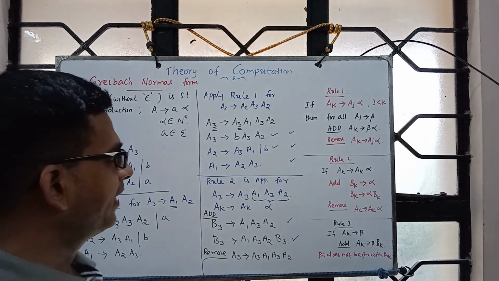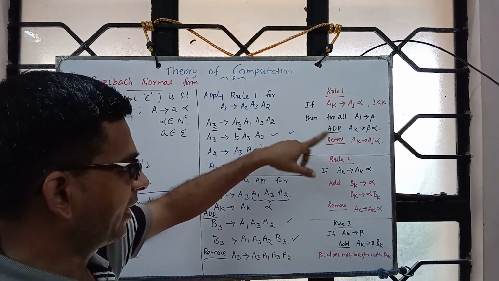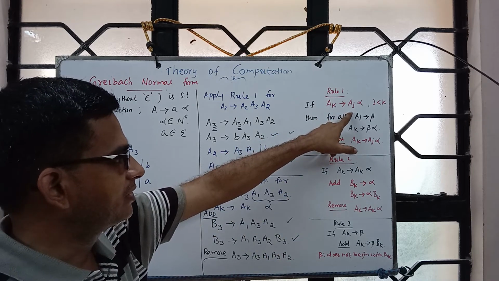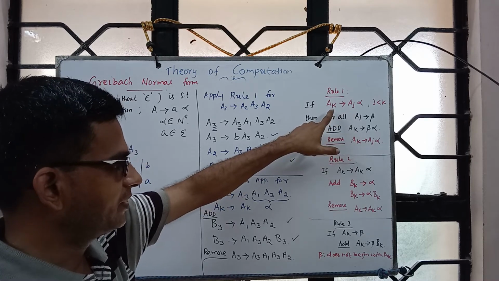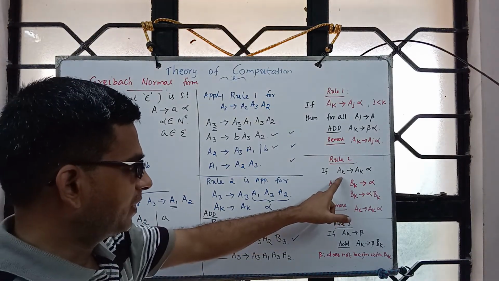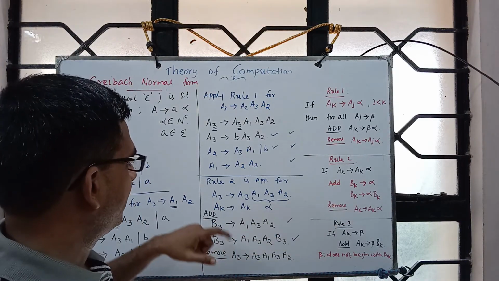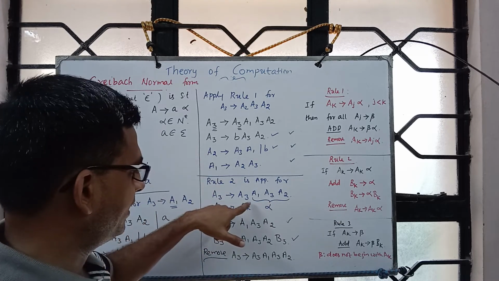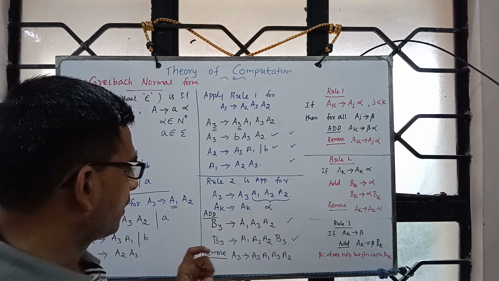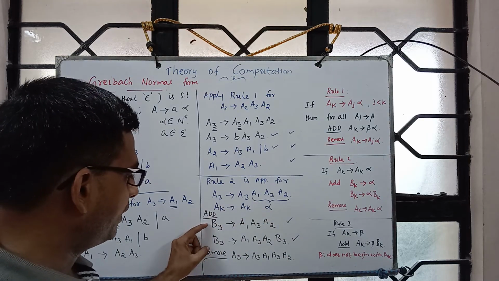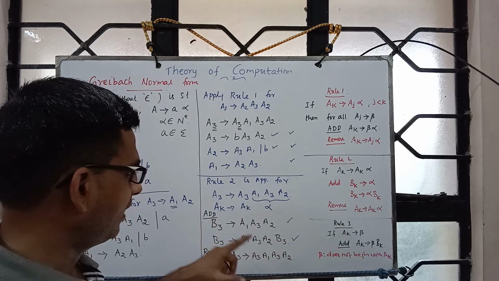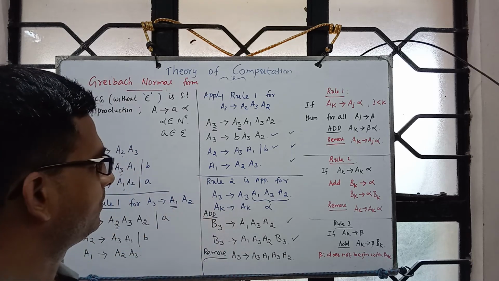So first we applied rule 1 as many times as we can until we see AK implies AK prime, where K prime is at least K. At that point we stop. And you check whether rule 2 is applicable. And interestingly, for this one, we get A3 implies A3 alpha, and we invoke rule 2. Rule 2 says introduce BK implies alpha and BK implies alpha BK and remove this.